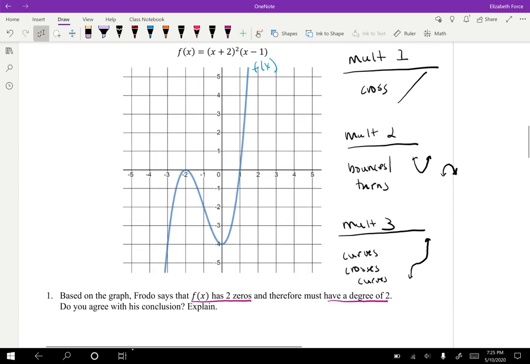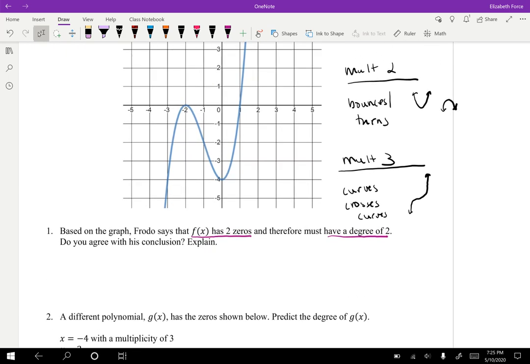So I'm going to agree with his first part, there are 2 zeros, because he is right. We have a zero at -2, and we also have a zero at +1.